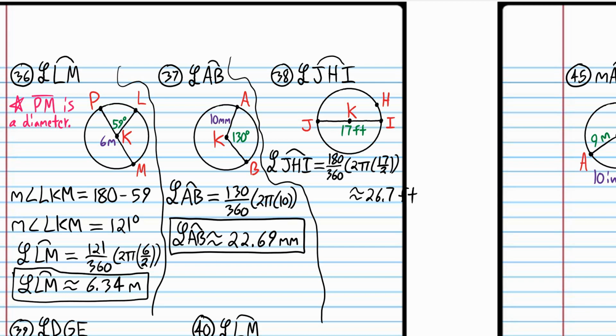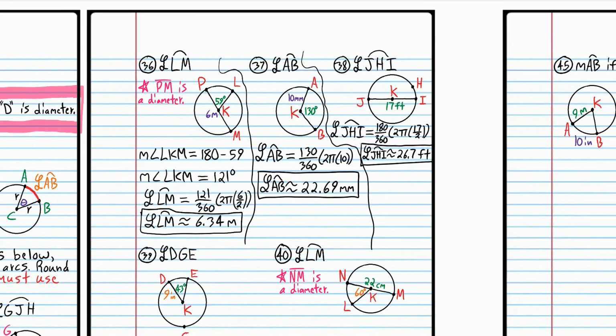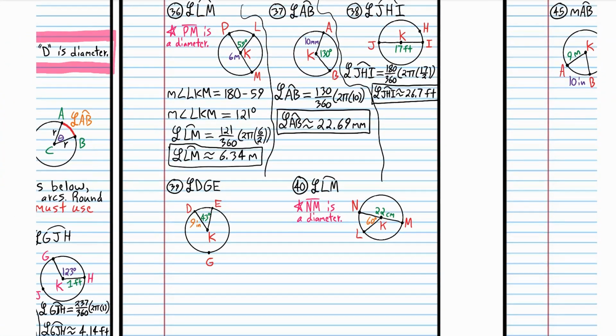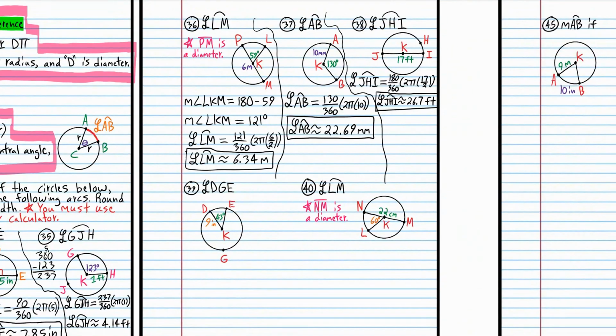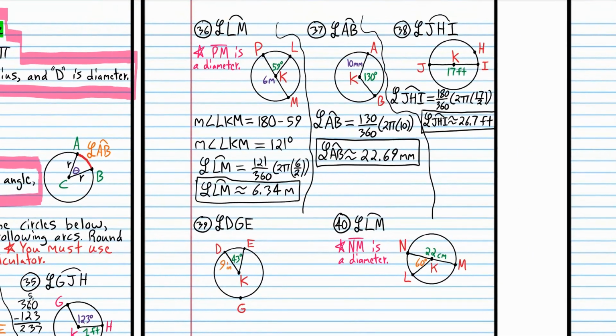I'm going to move that over later. So we have the length of arc JHI is approximately equal to 26.7 feet. So if you got that answer, good job. All right, on to number 38, or excuse me, 39. Go ahead and try number 39. I'm going to leave those in the window, and when you come back, we'll do it together.